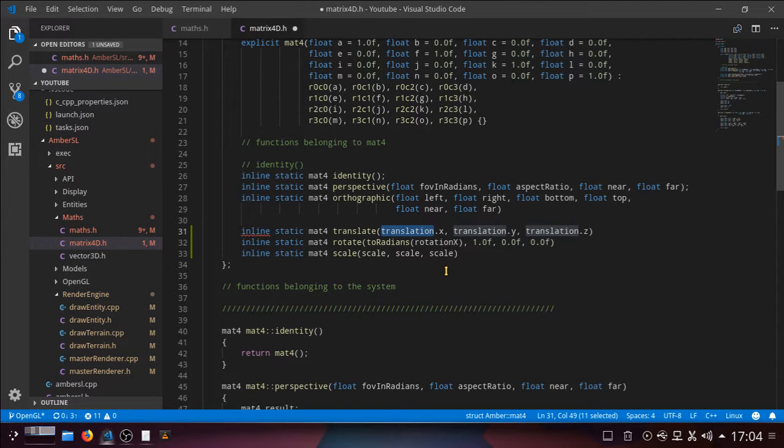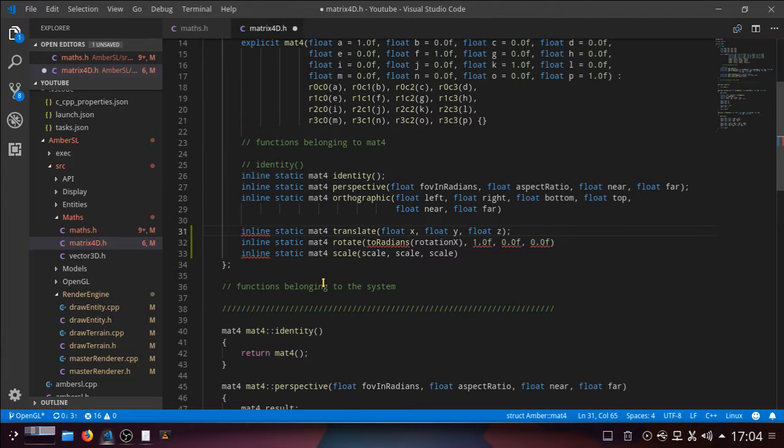So what we're going to have for translation, it's just going to be float x, y, z, isn't it? So that's going to be float x, float y, and float z. Okay, I'm happier with that now. And that does need a semicolon at the end. Right, so that's good.